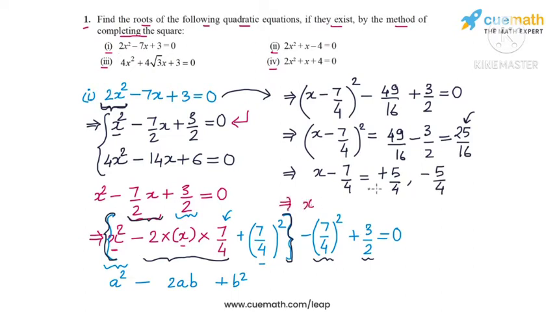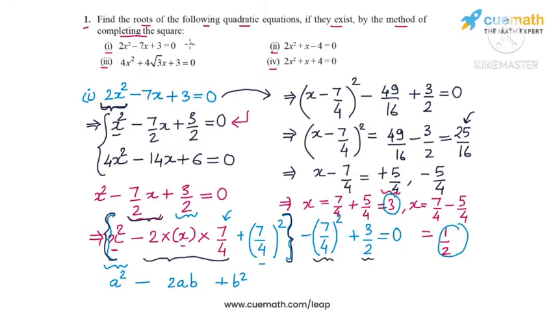One value of x will correspond to the plus 5 by 4, so that will be x equal to 7 by 4 plus 5 by 4. That's 12 by 4 or 3. The second value will be x equal to 7 by 4 minus 5 by 4, or 2 by 4, or half. So the two roots of the first equation are x equal to 3 and x equal to half.